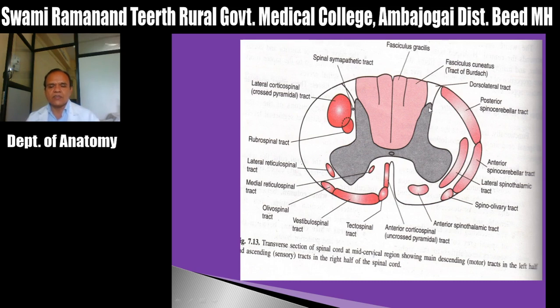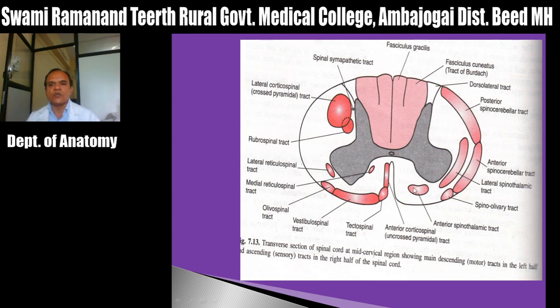So white matter gets divided into three parts. Which are they? The posterior funiculus, which is between the posterior median sulcus and posterolateral sulcus. The lateral funiculus extending between the posterolateral sulcus and anterolateral sulcus, and the anterior funiculus extending from the anterolateral sulcus to the anterior median fissure.